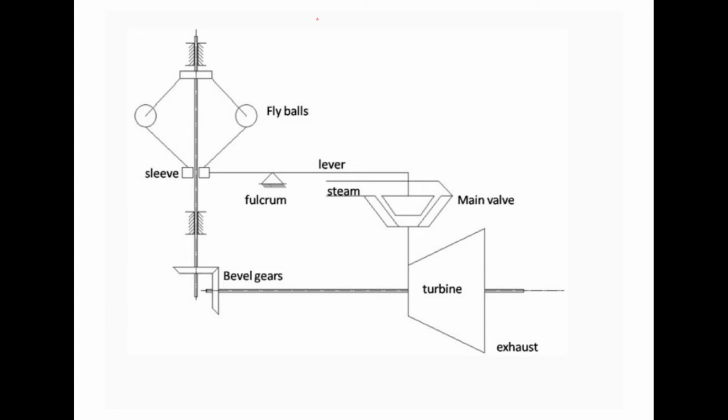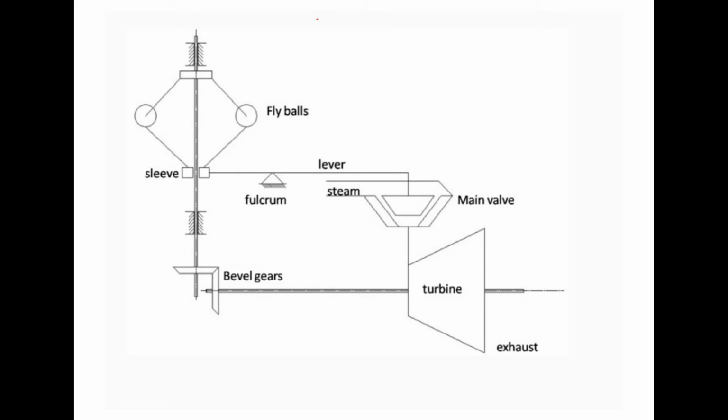If the rotary shaft of the turbine is rotating exceeding the required RPM, automatically the fly ball will go in the outward direction to control the steam flow by reducing the steam into the steam turbine.